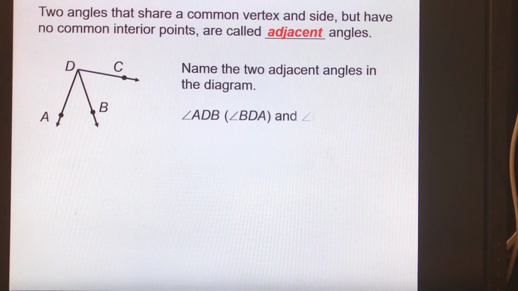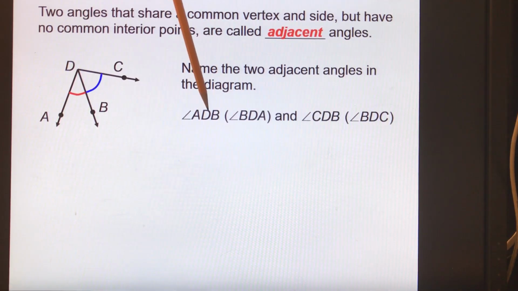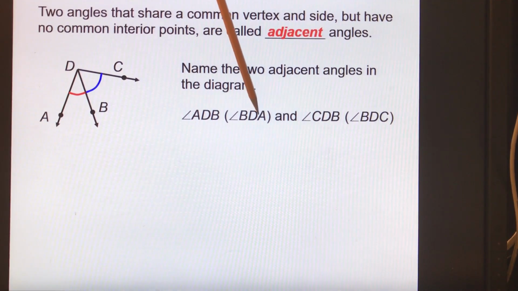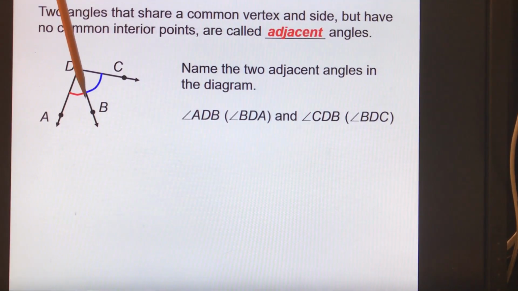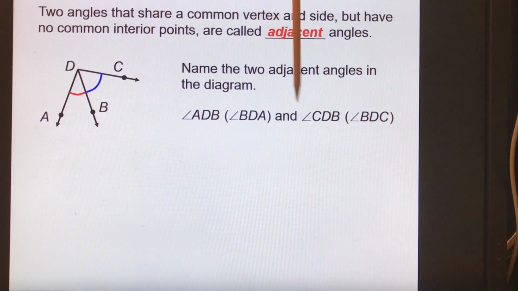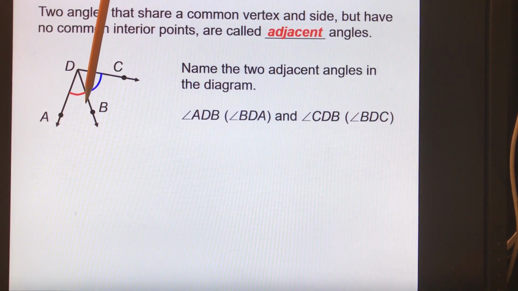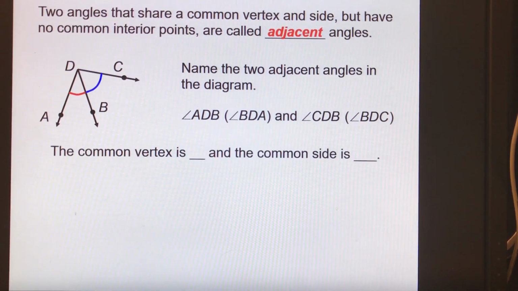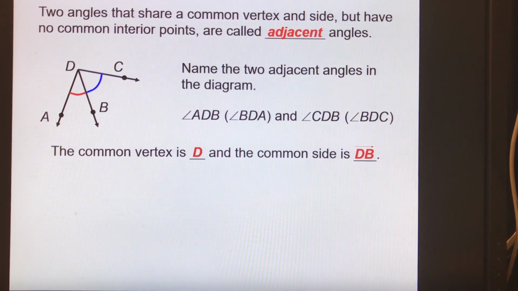Okay, all right, so here we go. ADB or BDA in red, and CDB or BDC are the 2 adjacent angles. The common vertex, D, and the common side, DB, the ray DB.